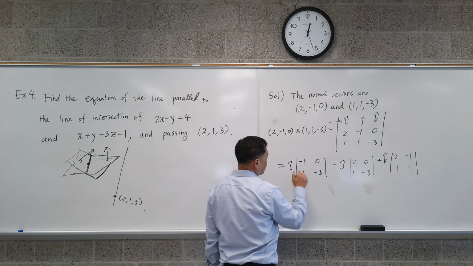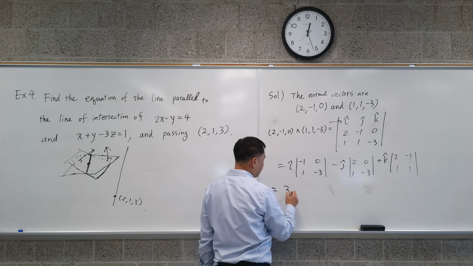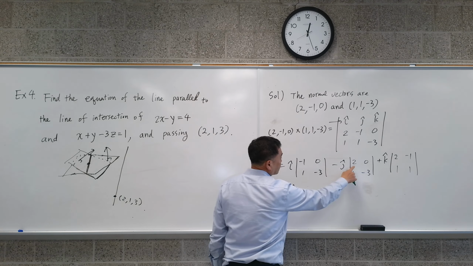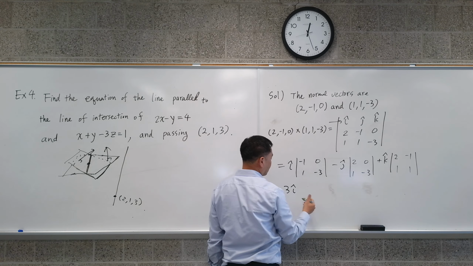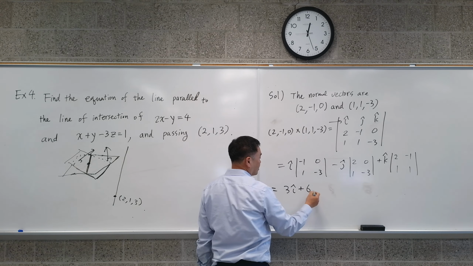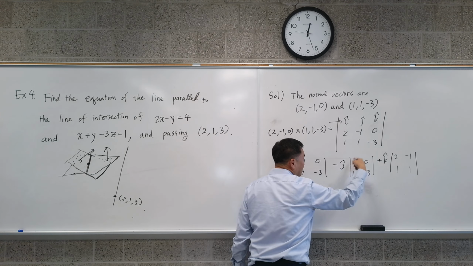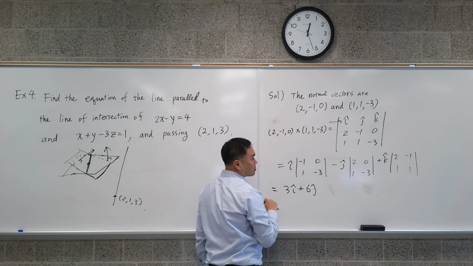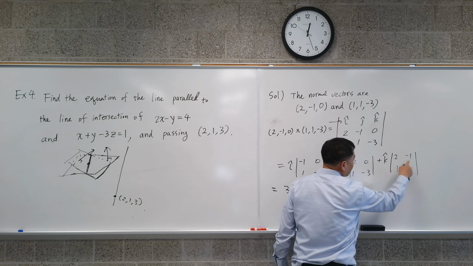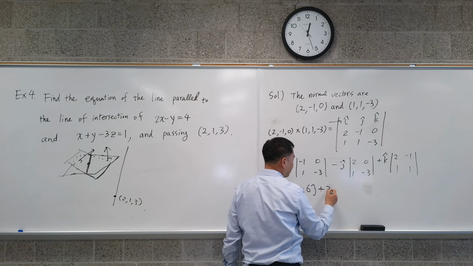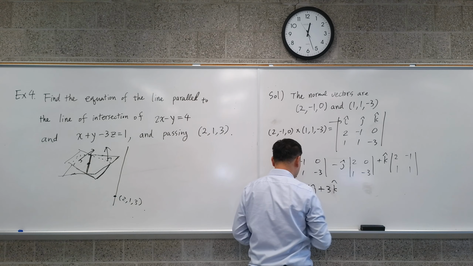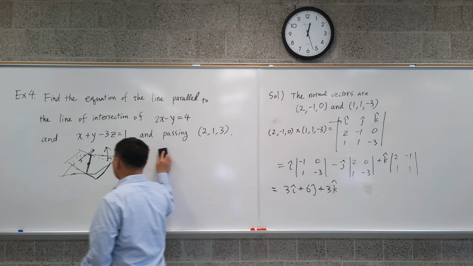Which gives me positive 3i. It's negative 6, but there's another minus, so it's positive. And 2 plus 1 gives you positive 3k. So that's your direction vector.